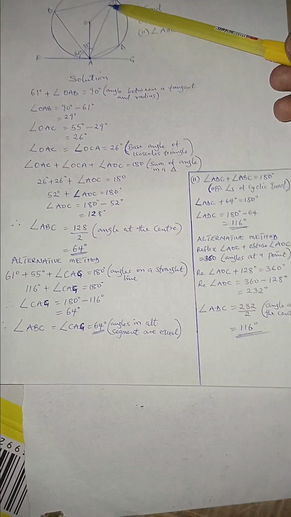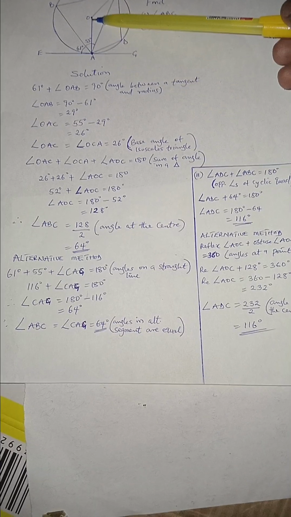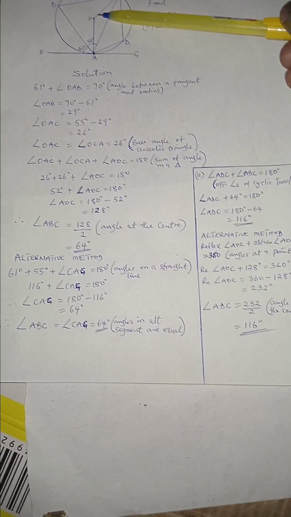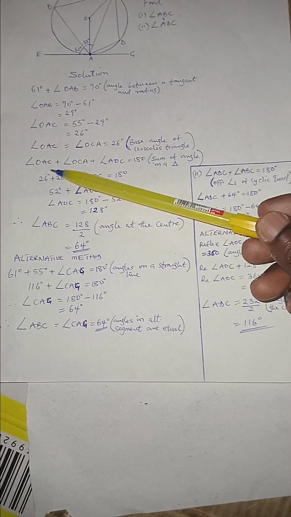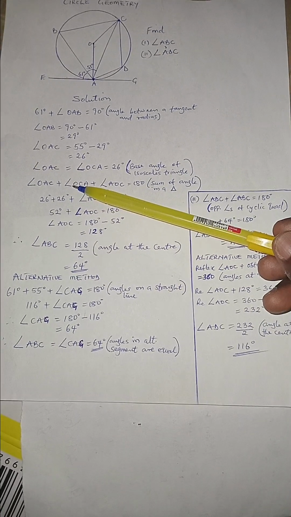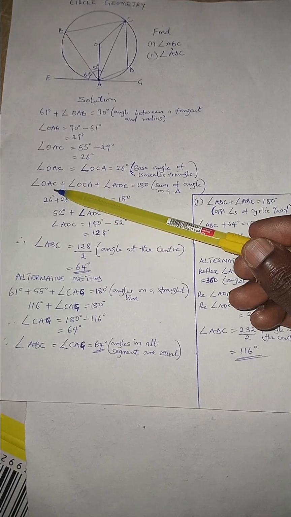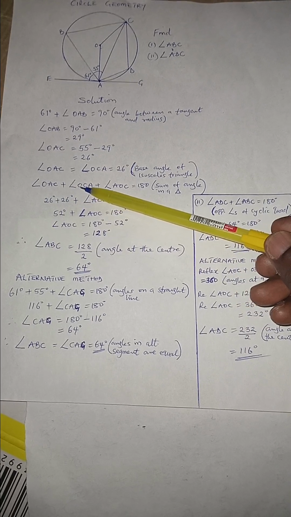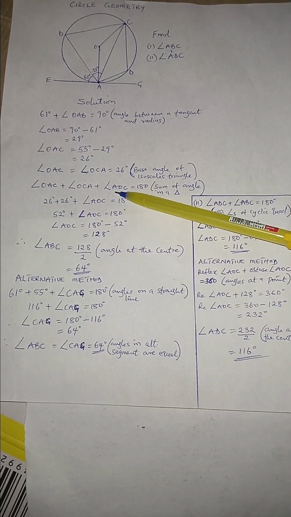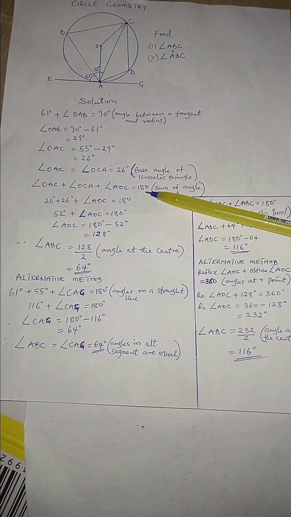Now, since the two angles are 26, we can easily find the third angle using the sum of angles in a triangle. OAC plus OCA plus angle AOC equals 180 degrees.